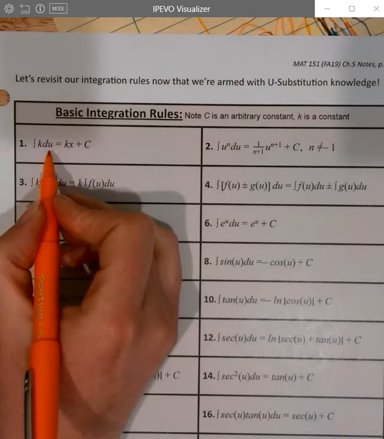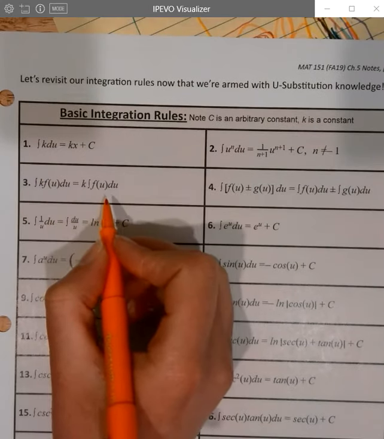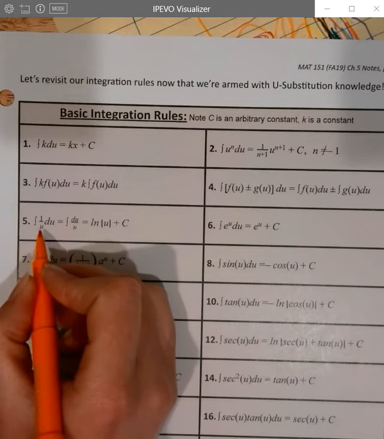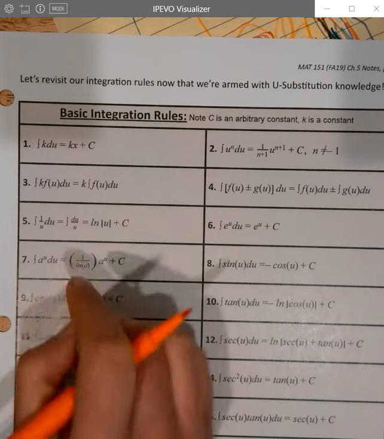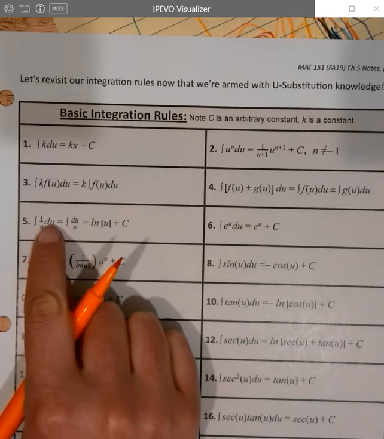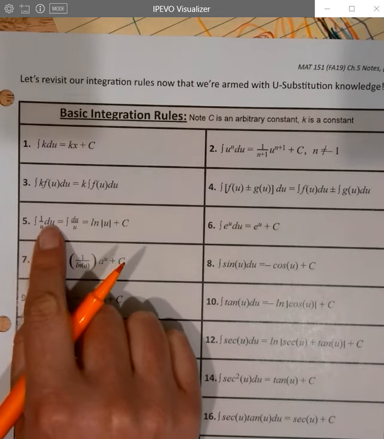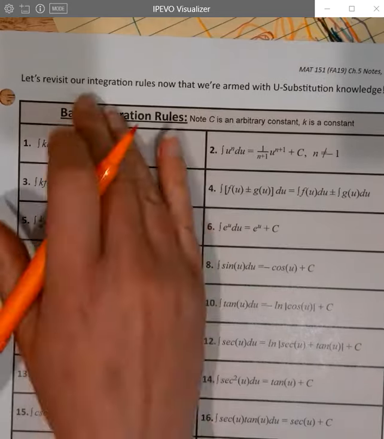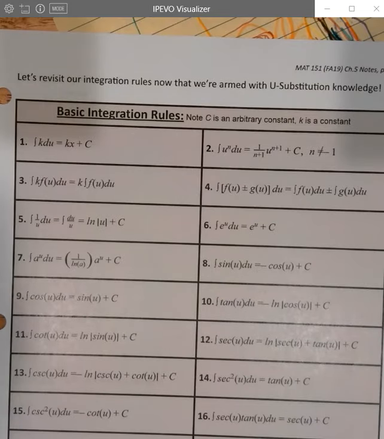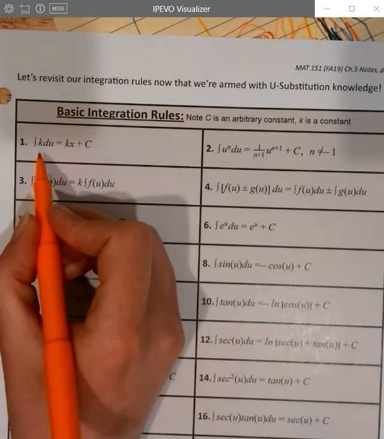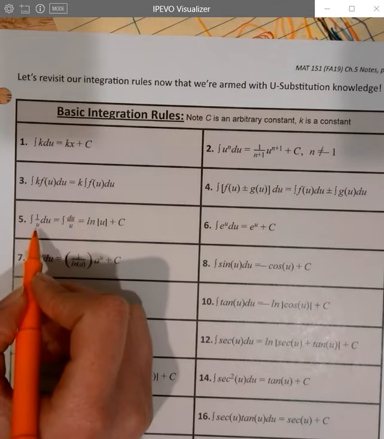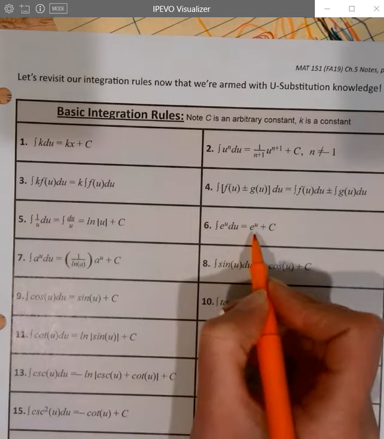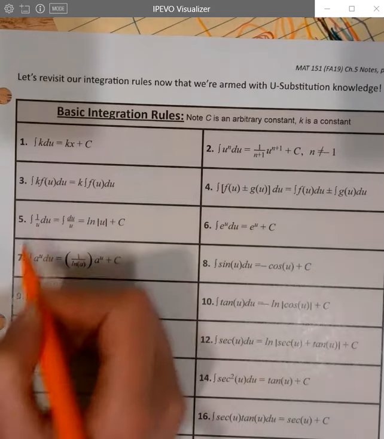So I'm using du here, and when I integrate these, it's just summarizing them because we may have some sort of du, which is the product of the derivative of u and the differential dx in these. But these should be familiar. They look very similar to what we saw in 4.9. We have the integral of a constant, we have the power rule, constant multiple rule, sum difference rule. The 1 over u integrates to natural log, e to the x integrates to e to the x, or e to the u to e to the u, and so on.